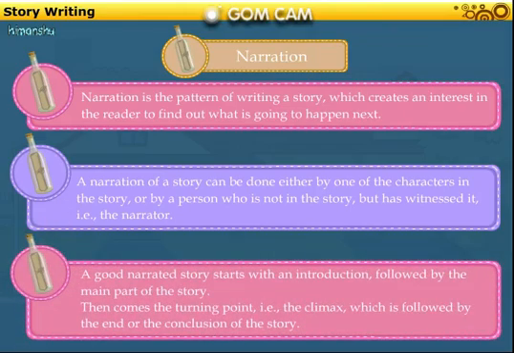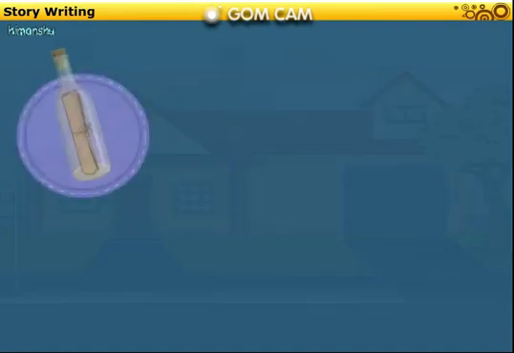A good narrated story starts with an introduction, followed by the main part of the story. Then comes the turning point, that is, the climax, which is followed by the end or the conclusion of the story.